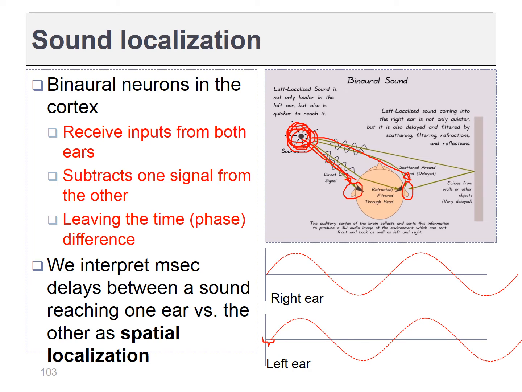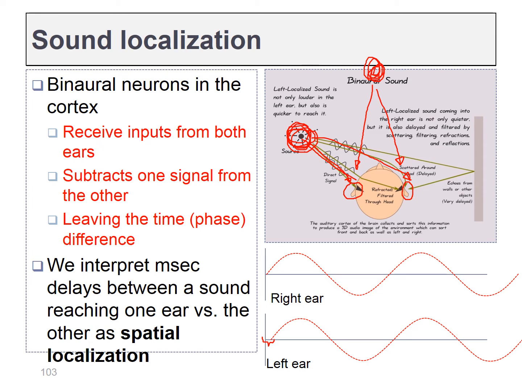And the brain can compare the information coming from both ears to determine whether that is in phase or out of phase. And based off of the phase, it will perceive that as localization. Something from right in front of us would hit both ears at the same time. So when the sounds in both ears are in phase, the brain perceives that as coming from directly ahead of us.